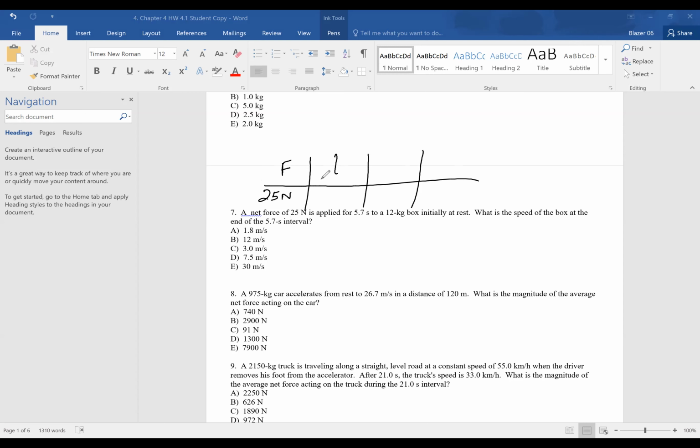So that's my time, 5.7 seconds. To a 12 kilogram box. That's my mass. My mass is 12 kilograms. Initially at rest, my initial velocity is 0. What is the speed of the box at the end of the 5.7 seconds interval? In other words, what is my final speed?